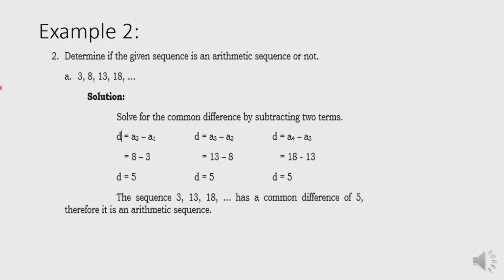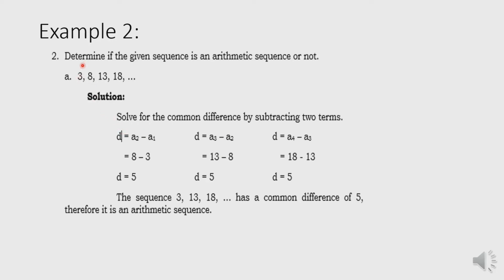Example 2. Determine if the given sequence is an arithmetic sequence or not. From the given sequence, we have 3, 8, 13, and 18. So, solve for the common difference by subtracting two terms.